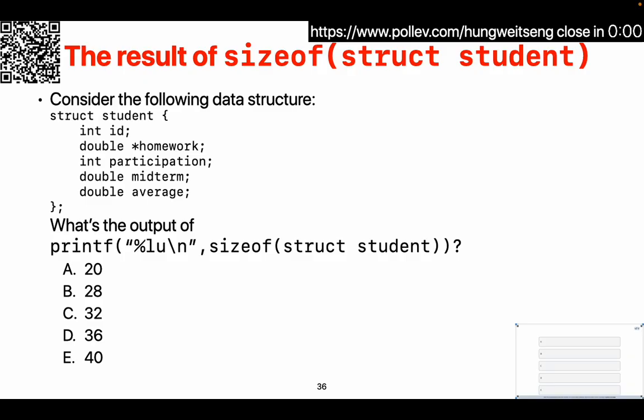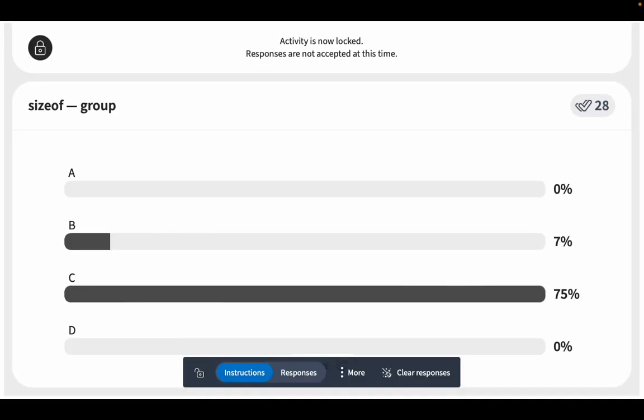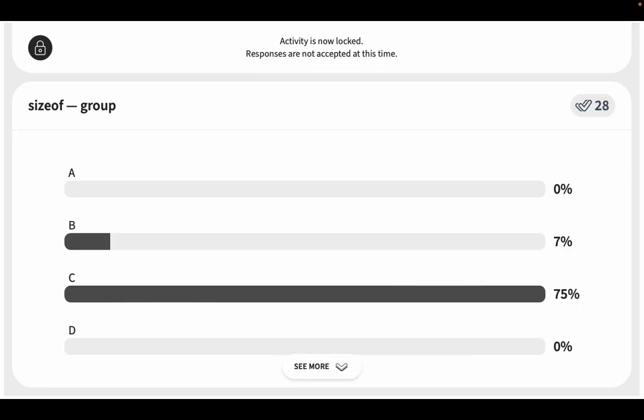All right, let's take a look. After discussion, 75% of you think it's C. Let's see a demo first.